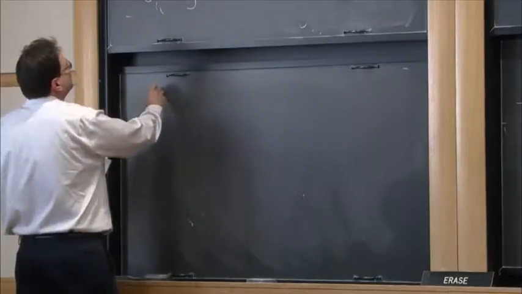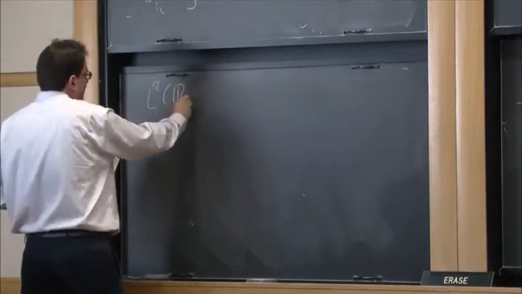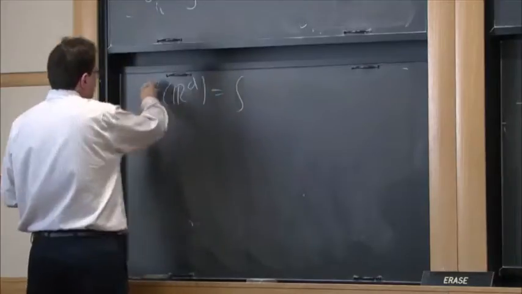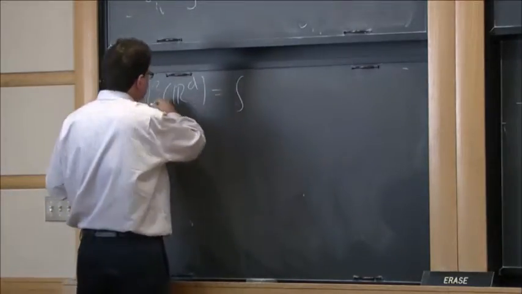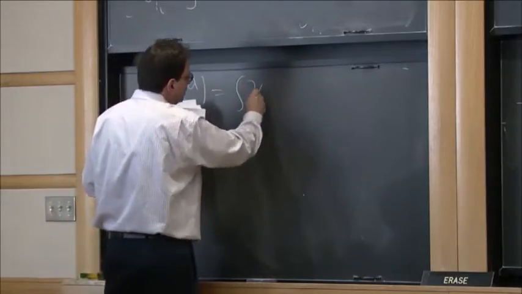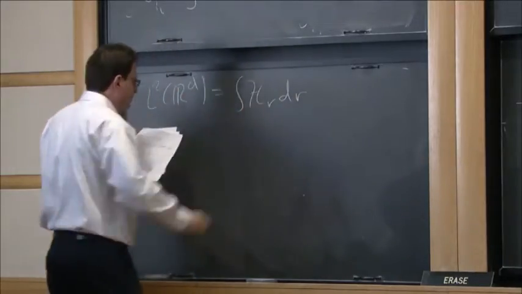So we established this: taking the representation of the isometry group on L2 of Rd, after passing to Fourier space, we wrote it as a direct integral of representations.